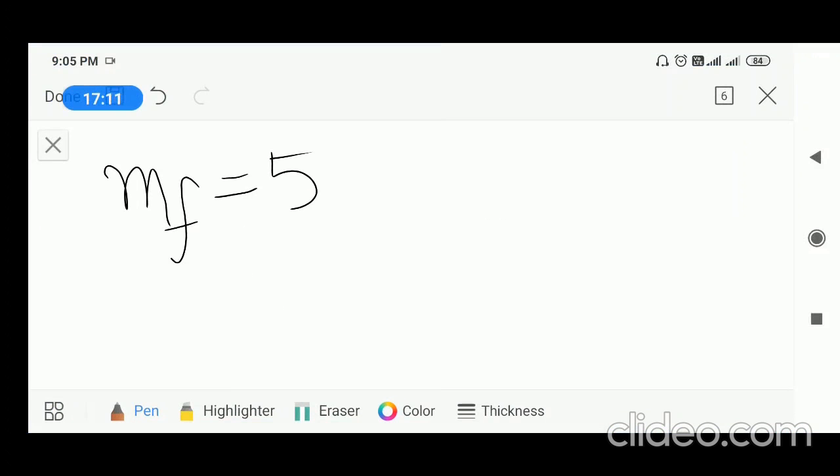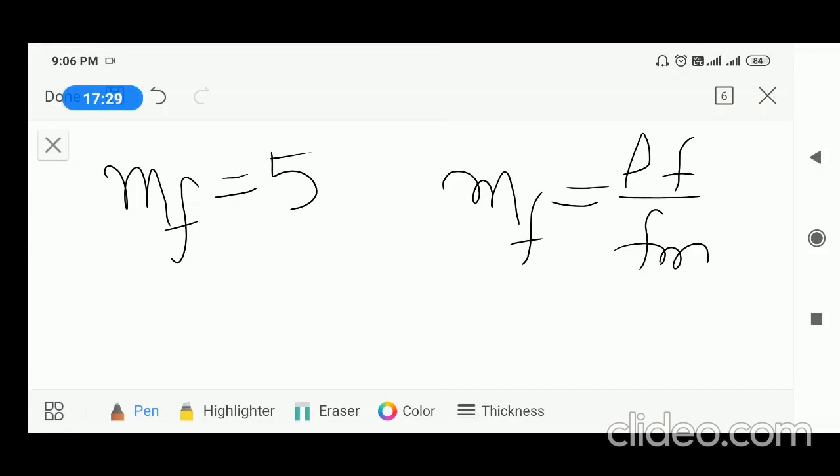So from the given equation, we got modulation index as well as modulating frequency, and we need to know maximum deviation. From the formula, MF is equal to delta f by Fm. So what is maximum deviation?